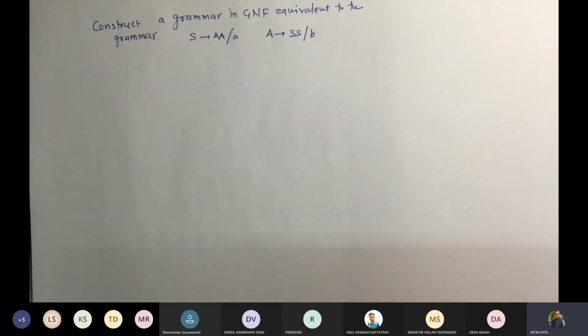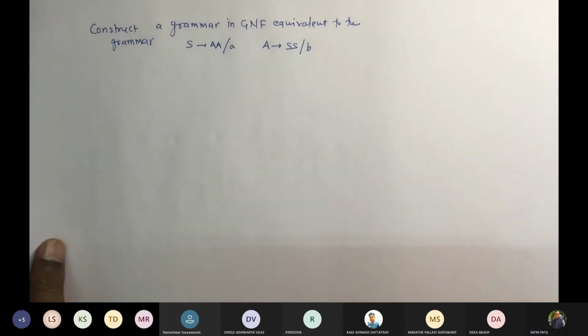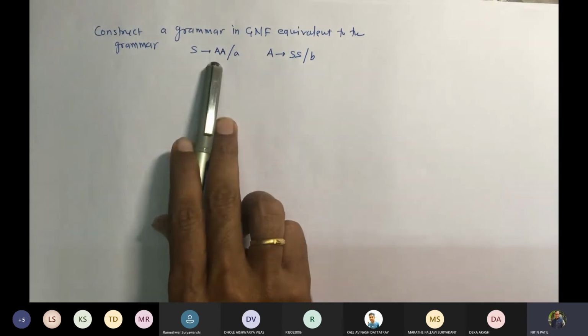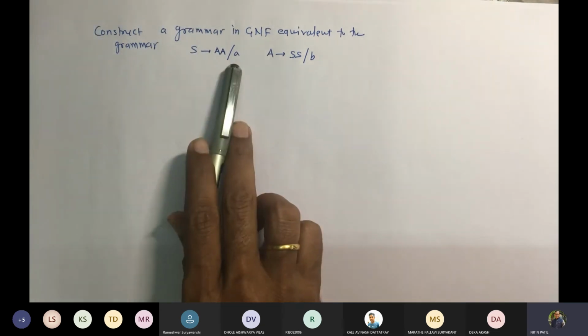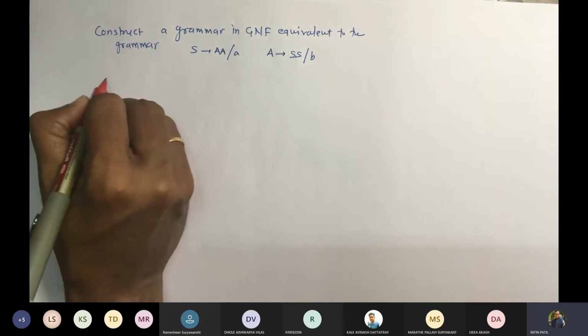So is it in CNF first? Yes. Sure. Because we have two variables to right hand side and only a terminal to this. So no need to apply the conversion steps for CNF. We already have the given grammar in CNF.